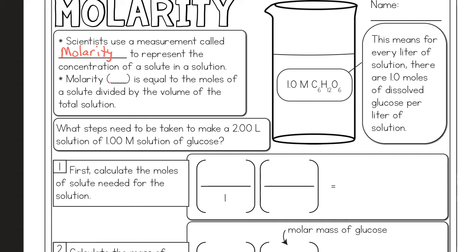Molarity is symbolized by a capital M, and it's equal to the moles of solute divided by the volume of the total solution. This becomes a conversion factor: the number of moles divided by 1 liter equals capital M, molarity.